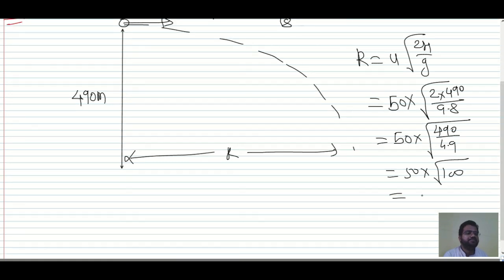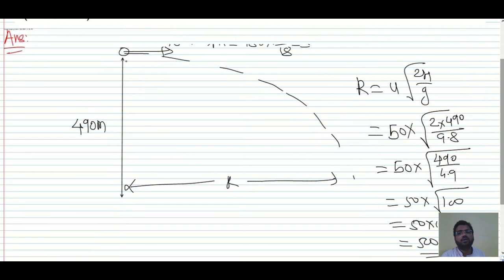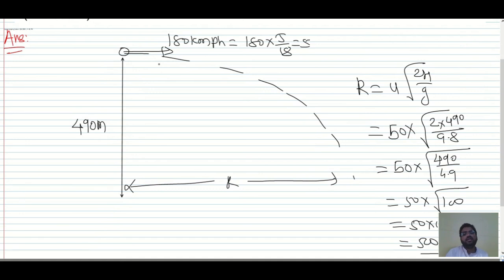So that is 50 into 10, and we have range as 500 meter. So the aeroplane must drop the bomb at a distance of 500 meter earlier, then it will hit exactly at the target.